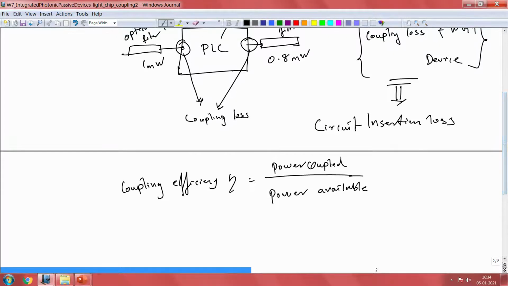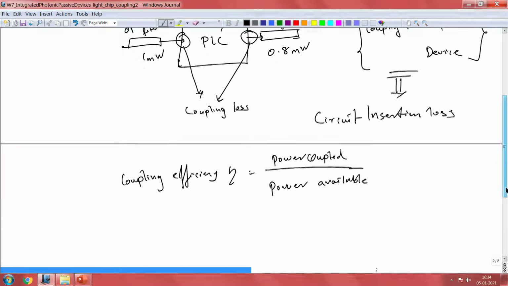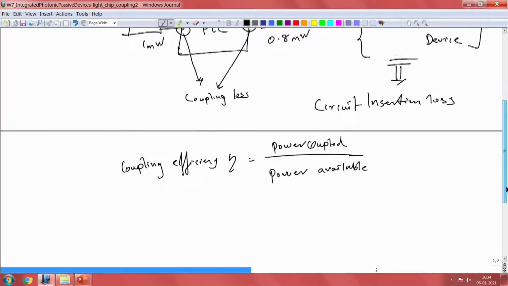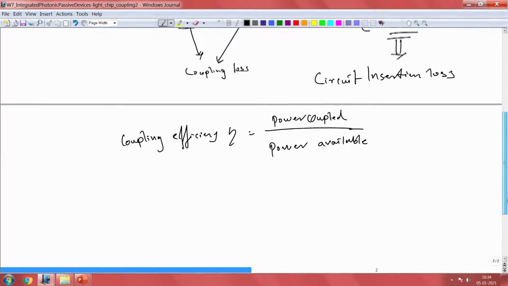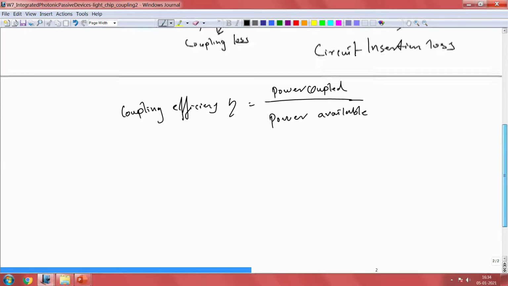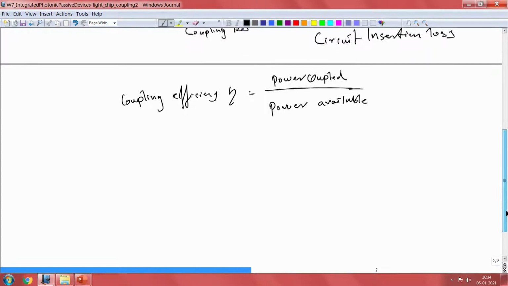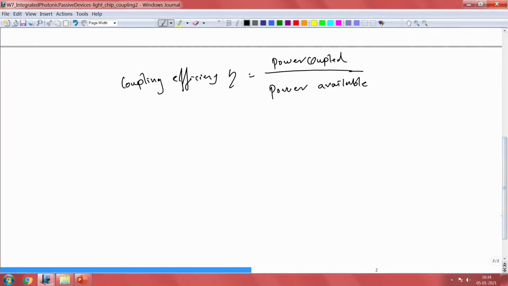Similarly, on the output side as well, because it will be a reciprocal device. So, how do we calculate, or what are all the parameters that dictate this coupling efficiency? One thing that quickly comes to your mind is from our coupled mode theory. There are 2 things we studied there.